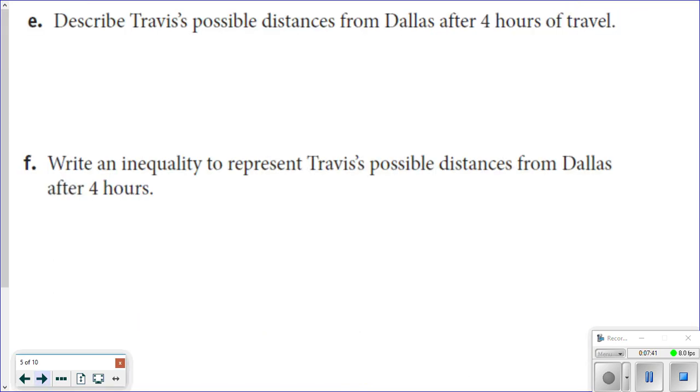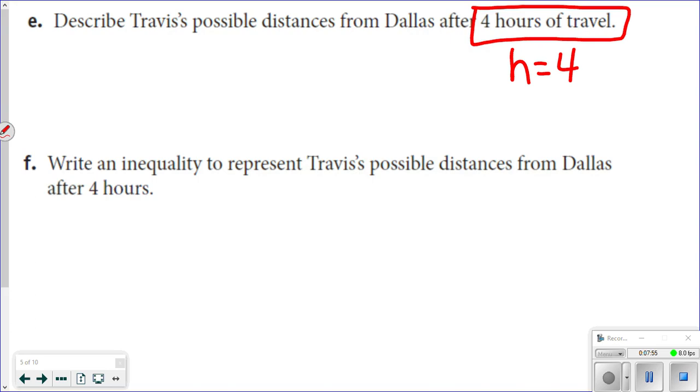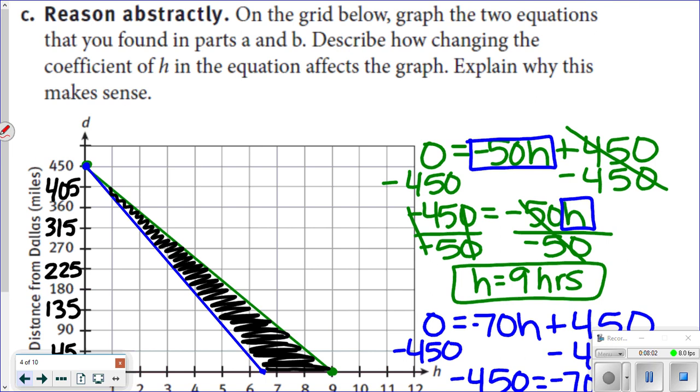And question E says, describe Travis's possible distance from Dallas after 4 hours of travel. So remember how we figured this out by drawing a vertical line at h equals 4? So if I go back to my graph, I'm going to draw a vertical line at h equals 4, and I want you to guess where you think those intersection points are.